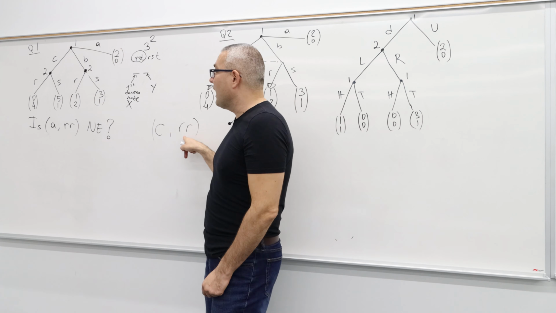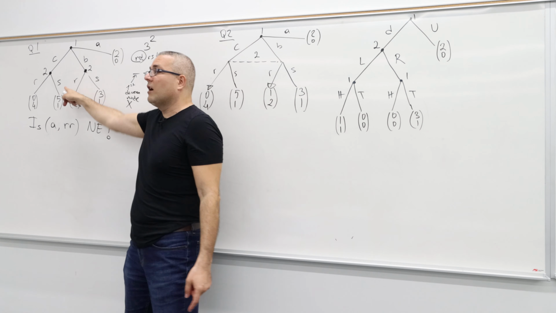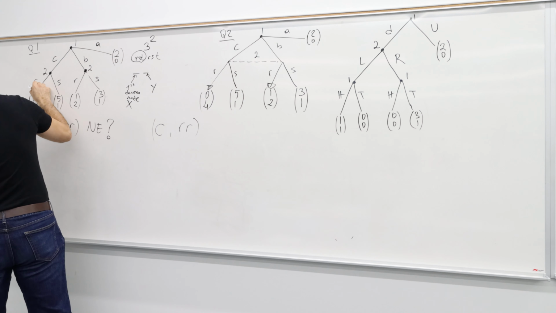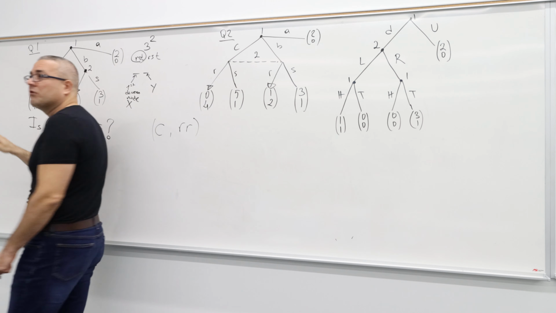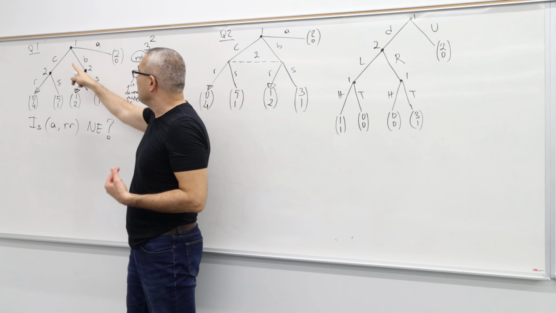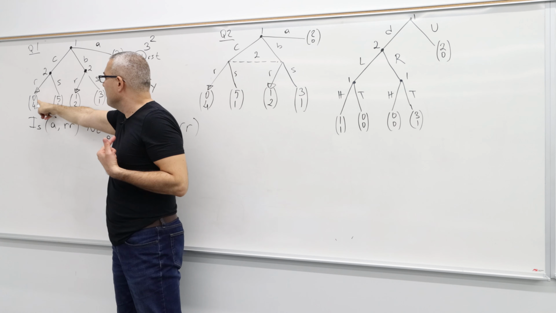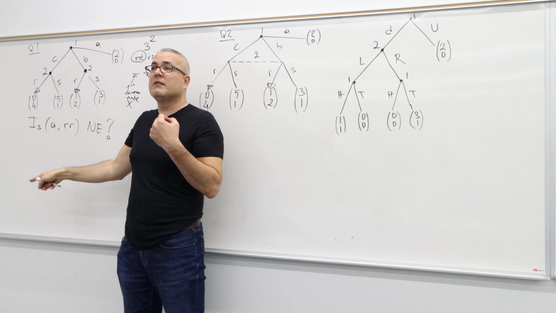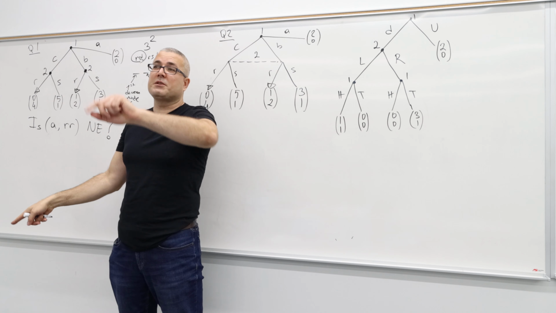So if the other guy is going to play R here and R here, let's put arrows. So we fix player 2. He's going to play R regardless. So if I play C, then I'm going to get 0. So clearly A is better than C. So C is not a best response.